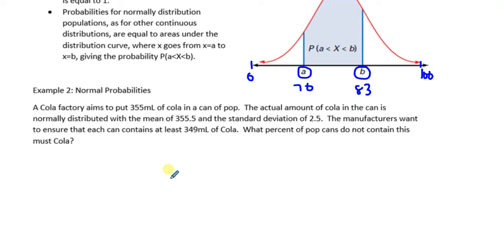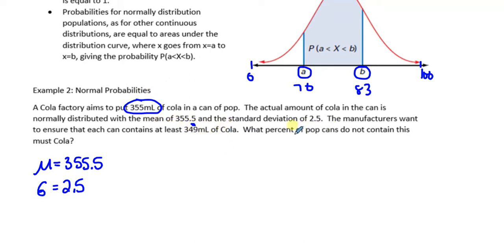A cola factory aims to put 355 milliliters of cola in a can of pop. The actual amount of cola in a can is normally distributed with a mean of 355.5 and a standard deviation of 2.5. 355 milliliters is a normal can of Pepsi or Coca-Cola, but on average they put a little bit more in your can.